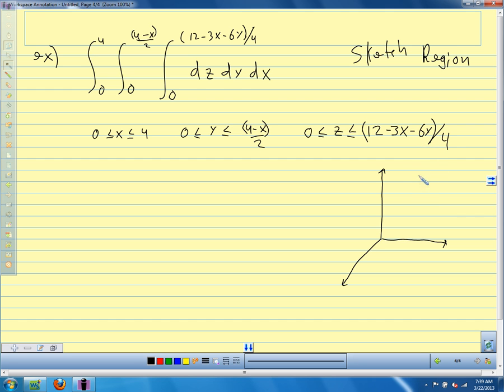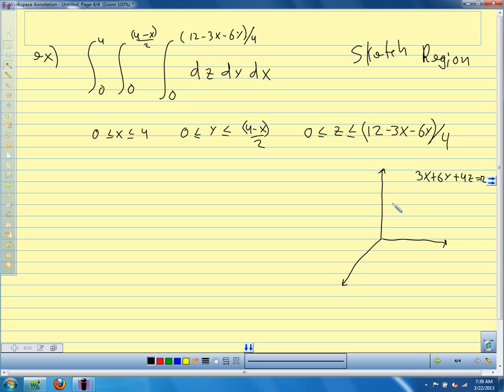I get 3x plus 6y plus 4z equals 12. So I'm just taking z equals (12 minus 3x minus 6y) over 4 and rearranging it.